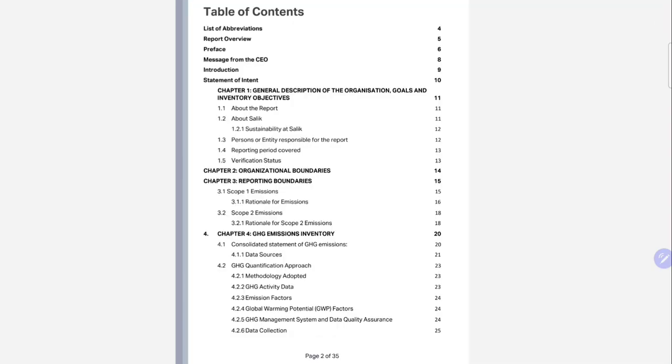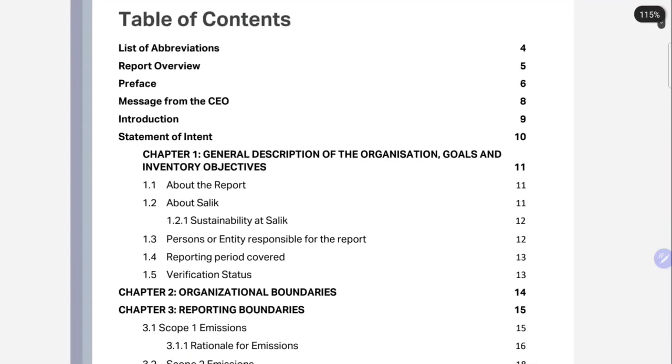So in the table of contents we will be covering different sections. In the start itself you see a list of abbreviations, reporting overview, preface, leadership statement, then introduction, and of course a statement of intent also, what is the intention of the organization. Then in chapter 1 we will talk about the general description of the organization, goals, inventory objectives, basically the organizational context, and the goals of the organization towards GHG emission reduction programs.